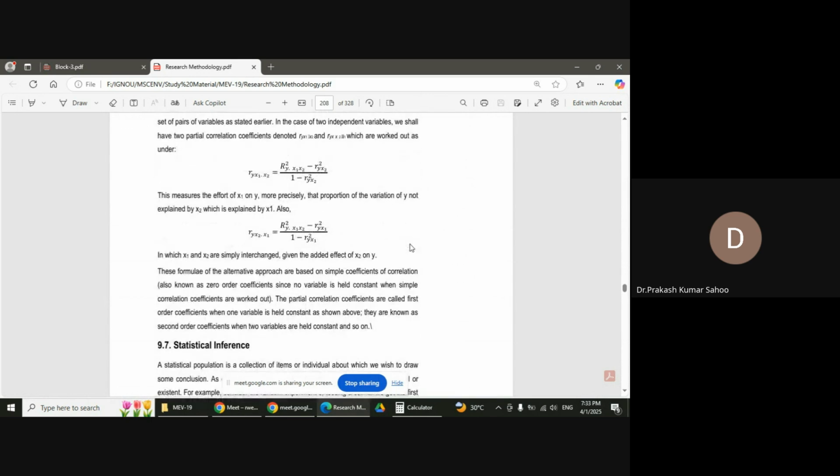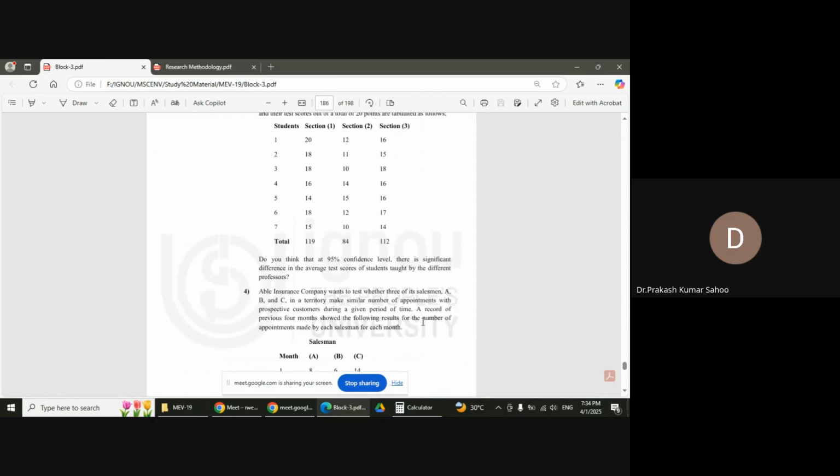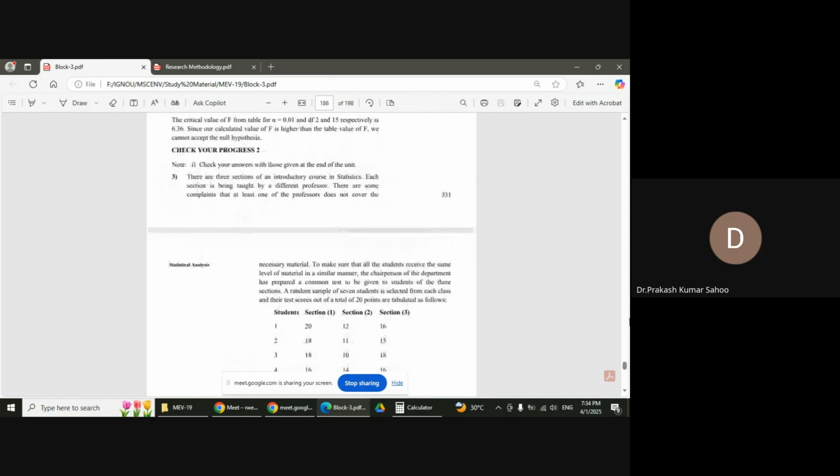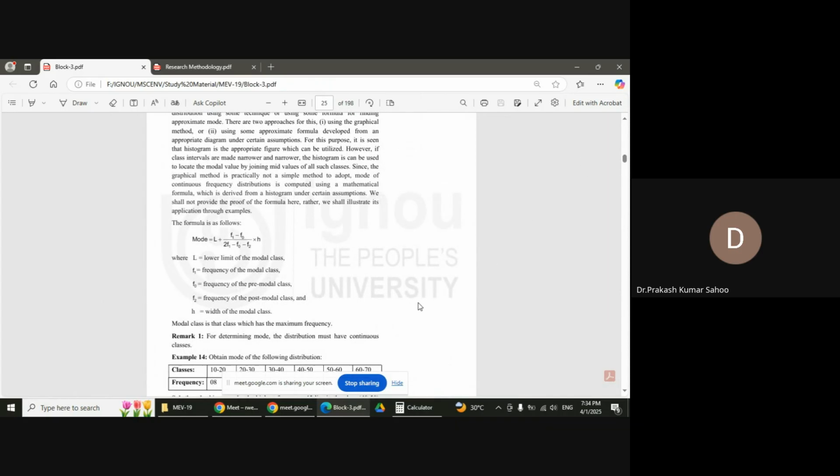Partial correlation we have. I will share this PDF. Just go through this, and this is a very simplified version. And your IGNOU material has very complicated equations.